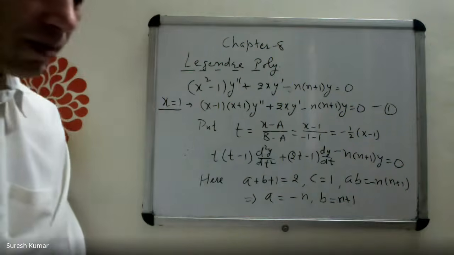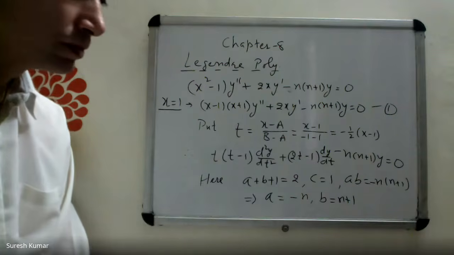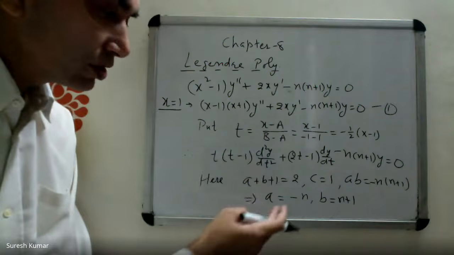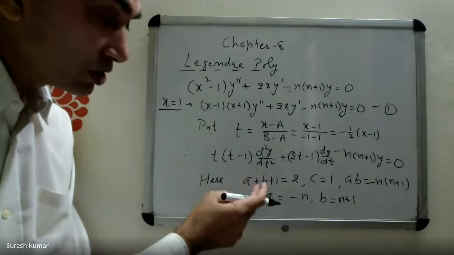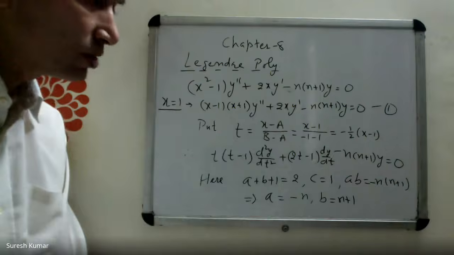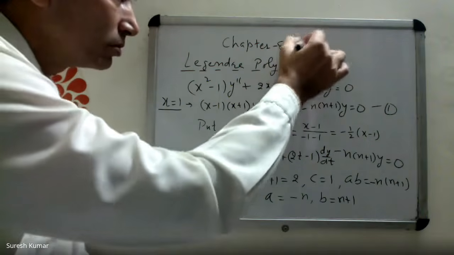Is it right? Yes, sir. Okay. So in this hypergeometric differential equation, you know those constants. a is minus n, b is n plus 1, c is 1. And transformation is this. Can you tell one solution?